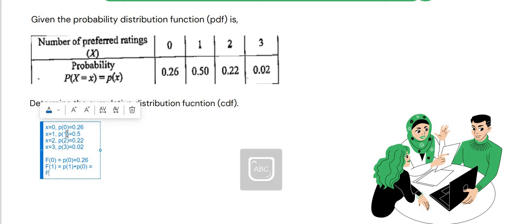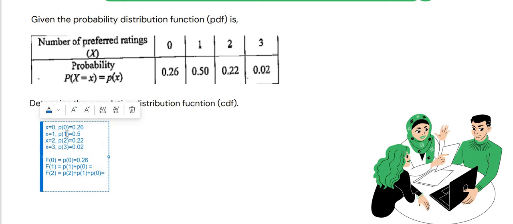For F2, P2 plus P1 plus P0. So you do it and you will get the answer. For example here, F0 is 0.26, and F1 will be 0.76.